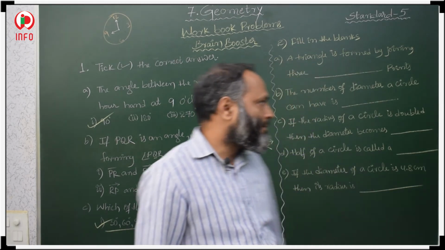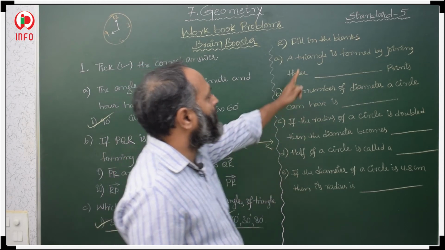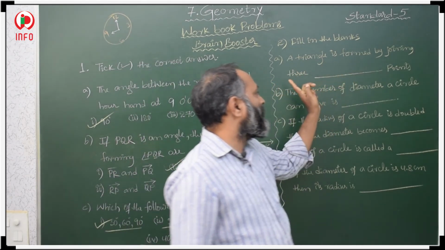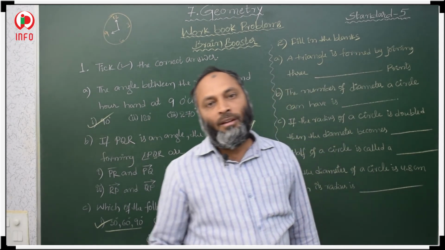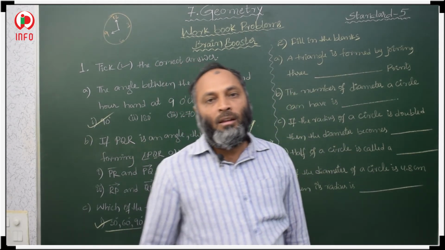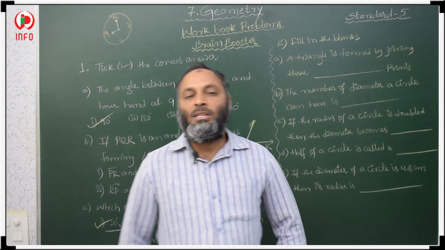Now, the blanks. A triangle is formed by the joining of three dash points. What kind of points, if we join them, form a triangle? Non-collinear points. Collinear means the points lie on the same straight line.